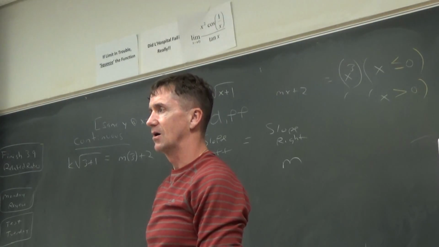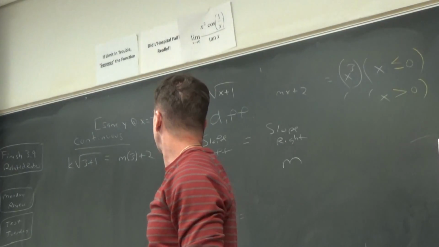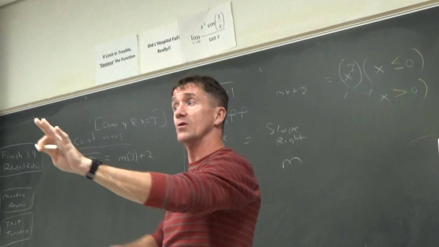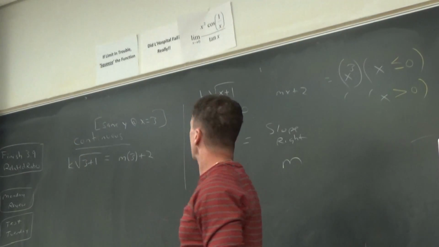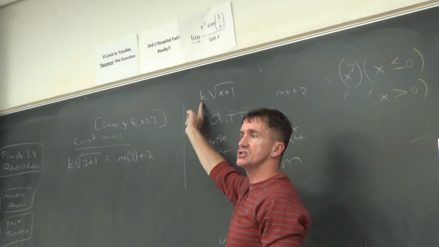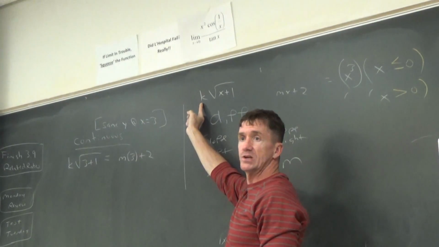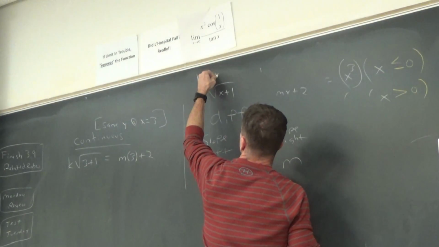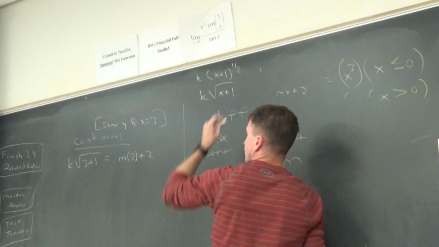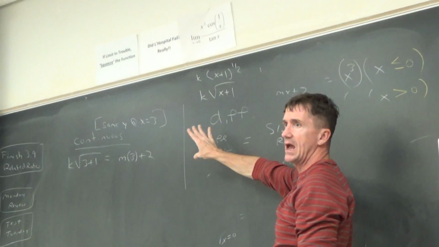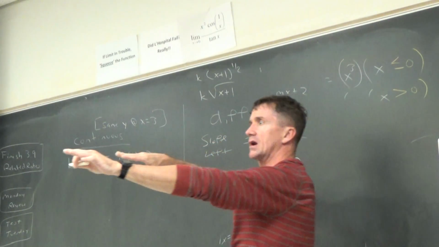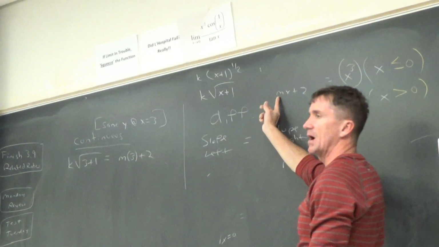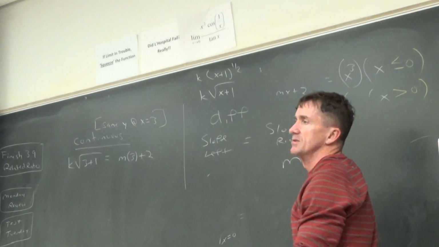How do you get that derivative? Some of you may say product rule because there are two different variables, but k is just a constant, so we can carry the constant and just use the power rule. We can look at this as k times the quantity x plus 1 to the one half. I'll do the differentiation and just let the k hang out in front. We don't need product rule. Slope from the right, you remember mx plus b? M is the slope.